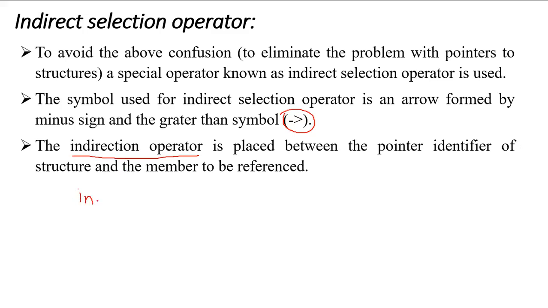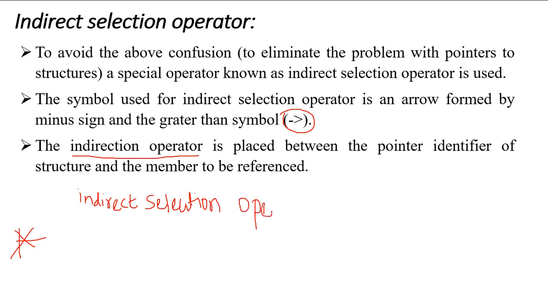You remember it like this. The indirection operator is your star operator only. So this is the indirect selection operator.